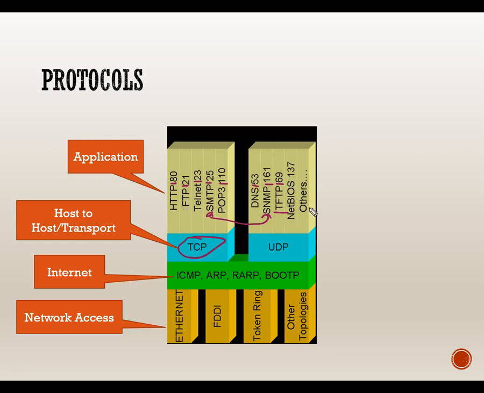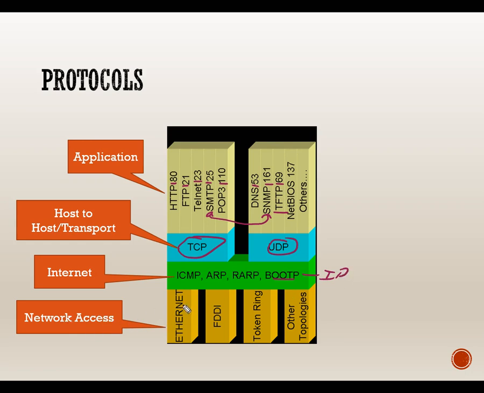NetBIOS, port 137, and then there are some others, but TCP and UDP, host to host, or the transport layer, are going to be here. The internet layer protocols, ICMP, ping, ARP, reverse ARP, BootP, DHCP, are going to run down here, and this is going to be at the IP level.